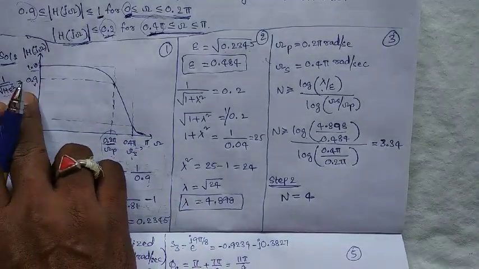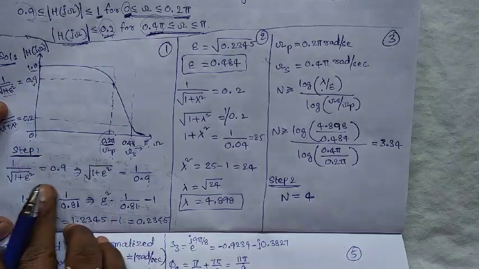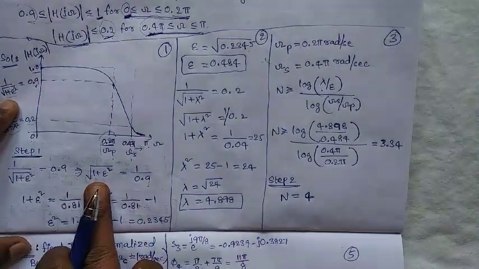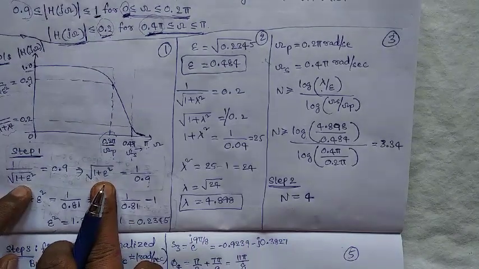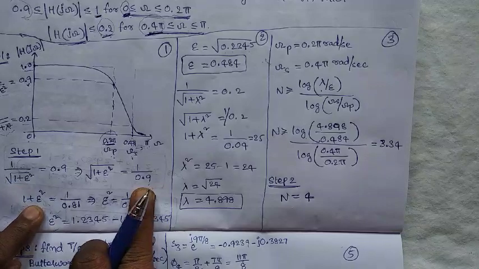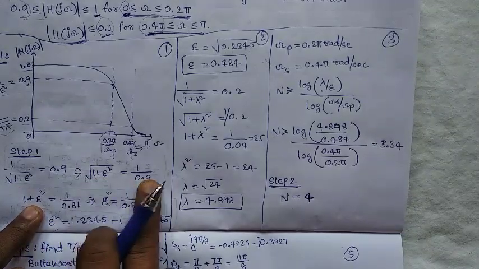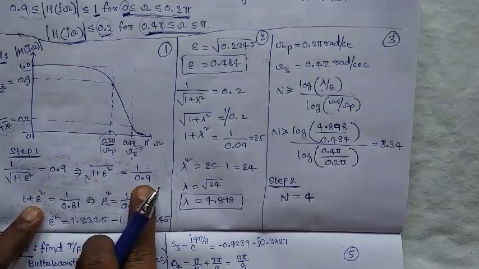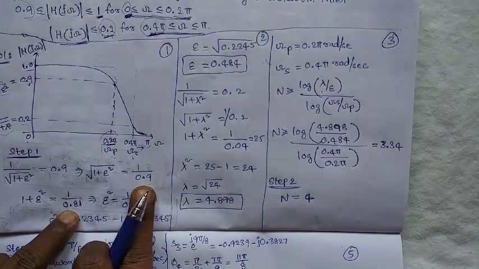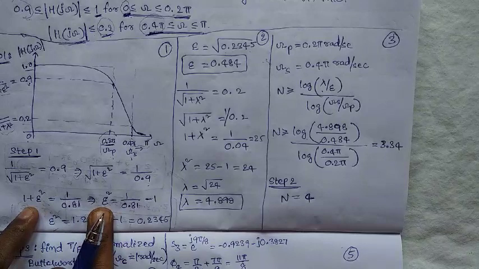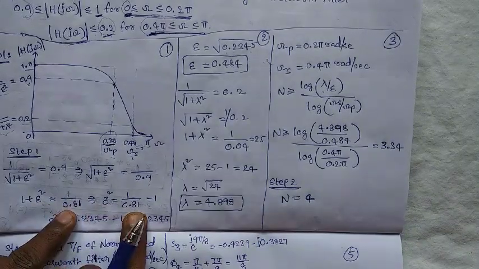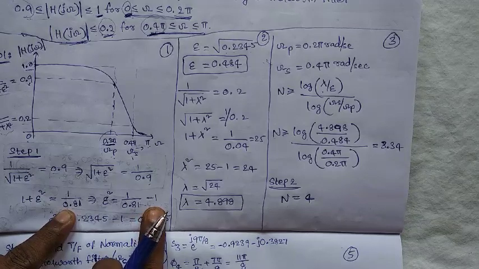1 by square root of 1 plus epsilon square is equal to 0.9. From this, square root of 1 plus epsilon square is equal to 1 by 0.9. Squaring on both sides, 1 plus epsilon square is equal to 1 by 0.81. From this we are determining epsilon square by taking the 1 to the other side: 1 by 0.81 minus 1.